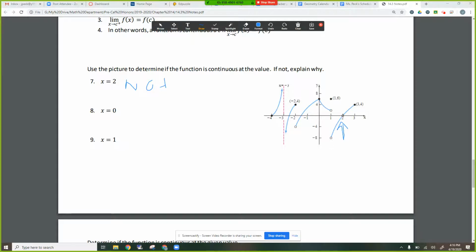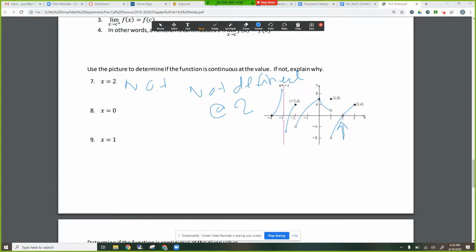So our reasoning would be because it's not defined at c, which you could say in this particular case, c is 2. Okay, so we would say no, because it's not defined at 2. There's a hole. It's not defined. In order for it to be defined, it needs to be a dot.